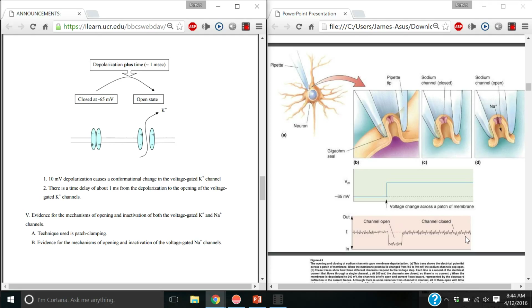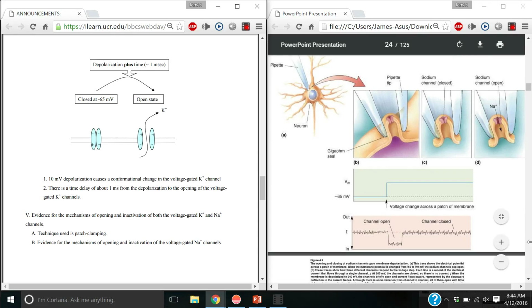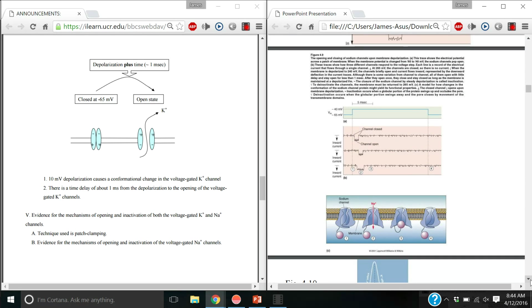Yes. Can you repeat the clamp part of the name? What did you say about that? Oh, why is it called voltage clamp? It's called the voltage clamp because what you're doing as an experimenter is applying a constant depolarizing voltage during this time.